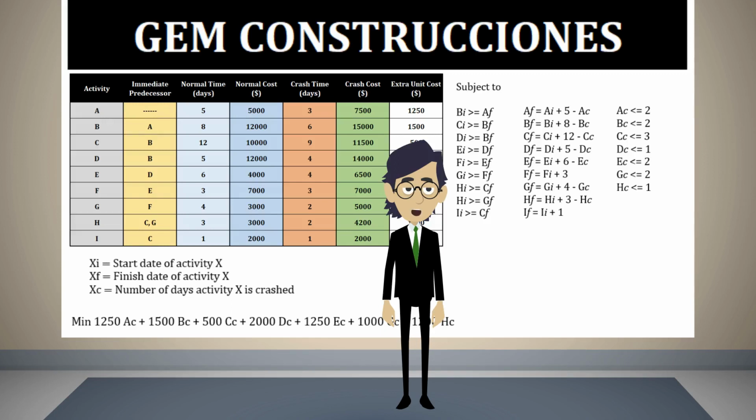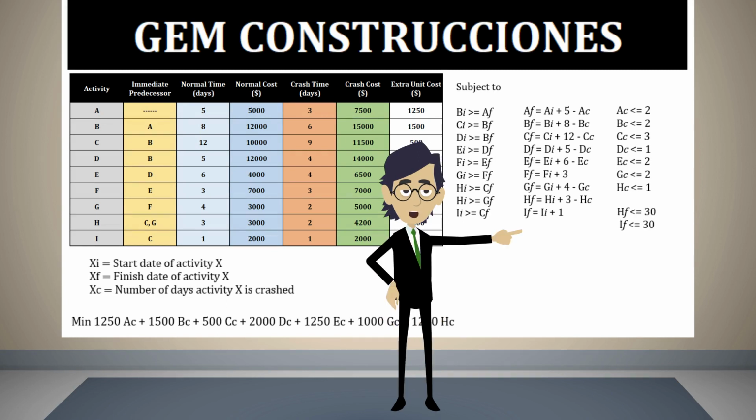For instance, activity A can be crashed from 5 to 3 days, which tells us that the maximum number of crash days is 2, and for this reason, we indicate AC less than or equal to 2. Finally, we only need to make sure that the project will be finished in 30 days or less. As we mentioned, the project ends when activities H and I are finished. Therefore, we will add these two constraints.